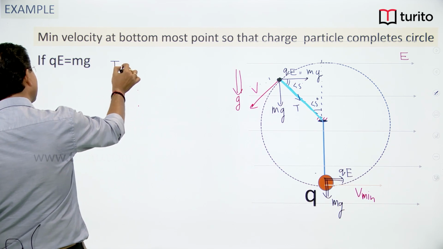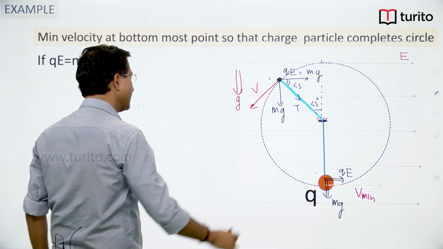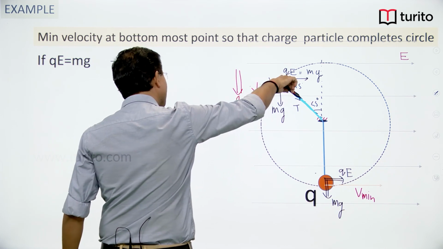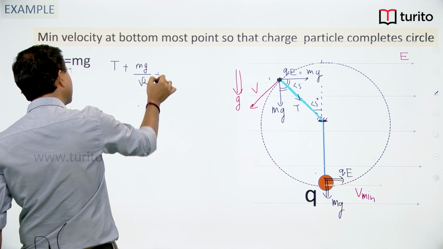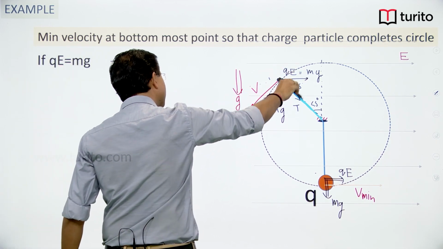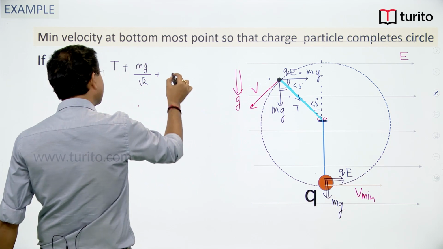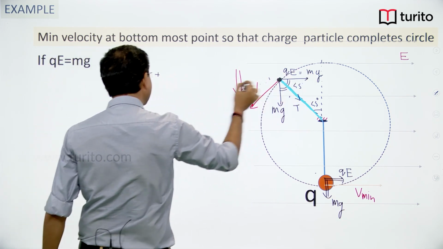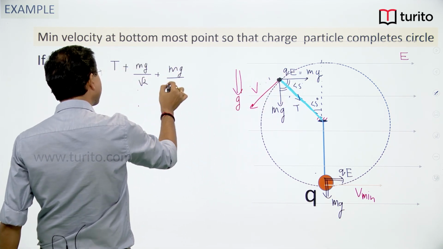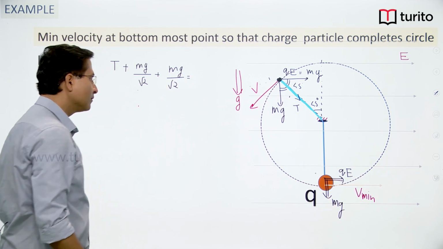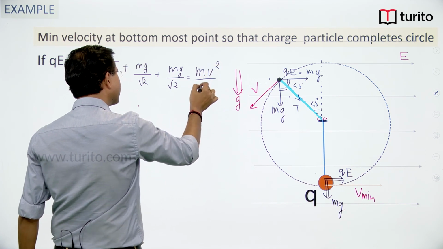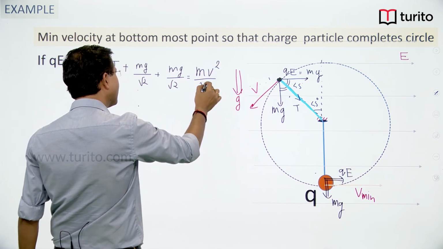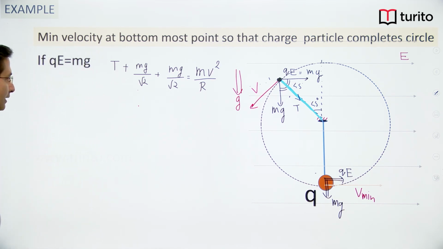So tension plus mg cos 45, which I am directly writing as mg by root 2, plus the component of QE in this direction, that is again mg by root 2, must be equal to mv square by R, whatever is the length given, let us write R. This is the first equation, the force equation.